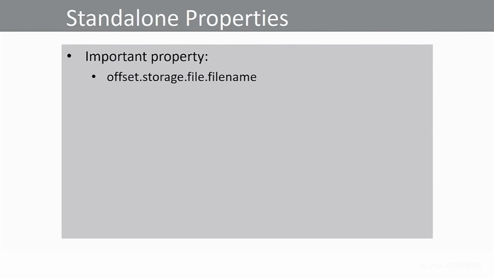So for standalone systems, there's an important property that you want to be aware of, and that is offset.storage.file.filename. So this is going to be set to a file, and the file is going to be where it's going to store the offset for the topics it's reading. Just like with consumers, we have to have an offset, but the consumers store it internally in memory, but we need to put it into a file for the Kafka Connect standalone server.